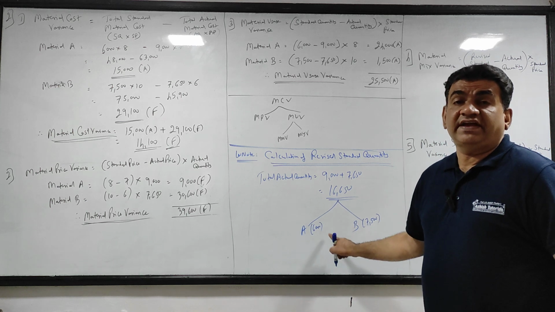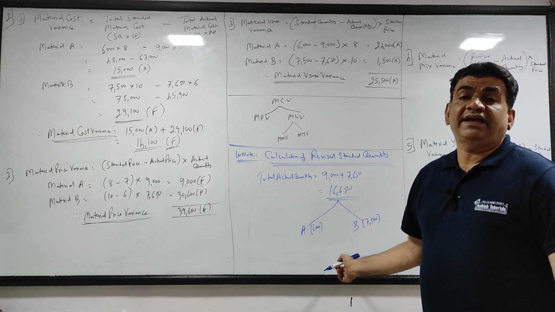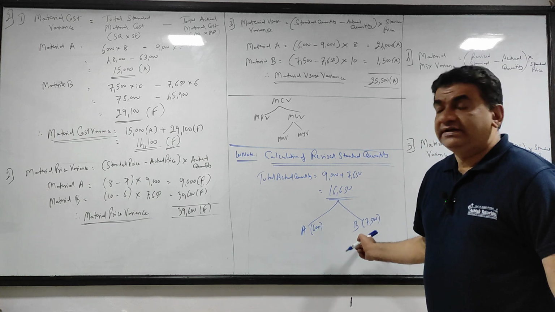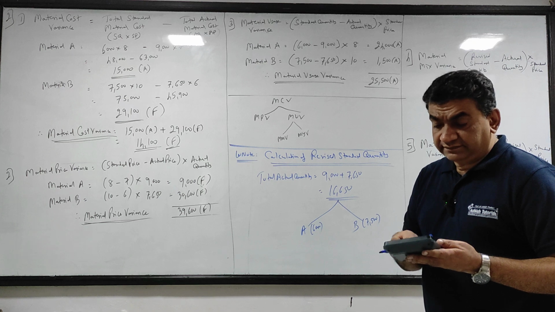Simplify 60-75 further to 12:15. Simplify 12:15 further to 4:5. Getting it? So let's divide in 4:5.